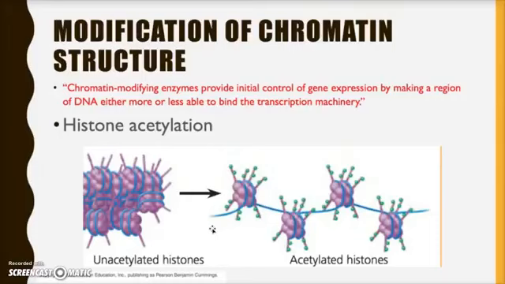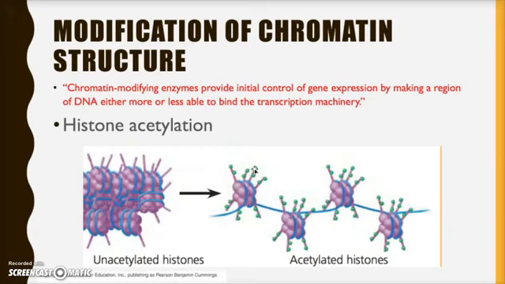So histone acetylation is an example of chromatin modifying enzymes making the DNA molecule more able to bind with the transcription machinery. In this picture, the green spots represent the acetyl groups, and the structures sticking out of the nucleosome represent the histone tails.